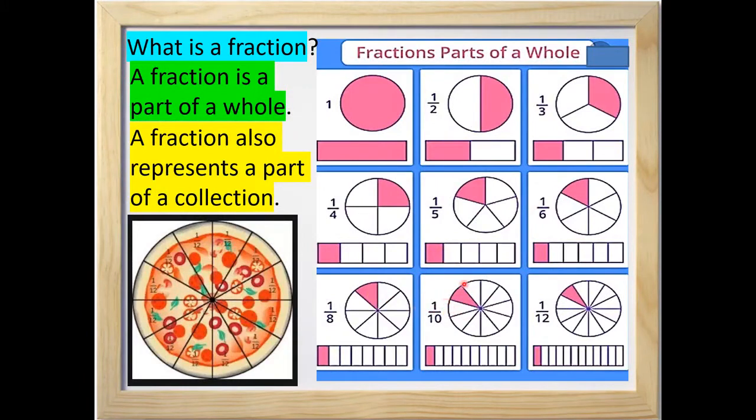This roti is divided into 10 equal parts, so each part is represented by 1/10. And this roti is divided into 12 equal parts, and each part is represented by 1/12, or there are 12 1/12 parts in this roti. Did you all understand children? Is it clear to you all?